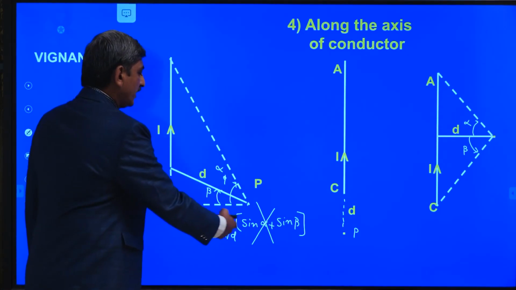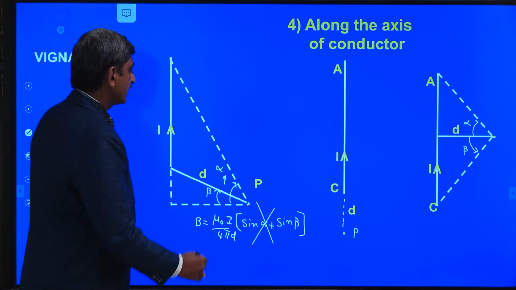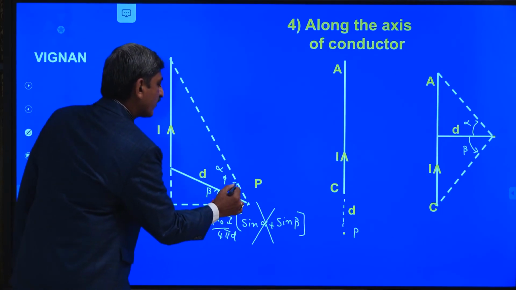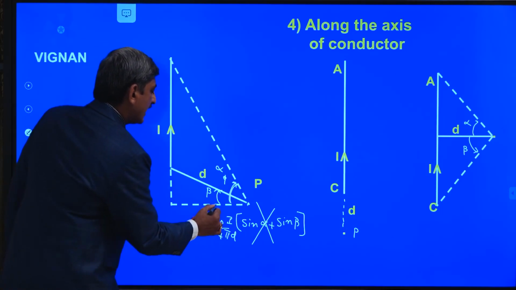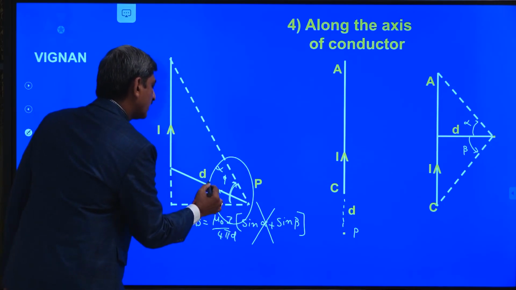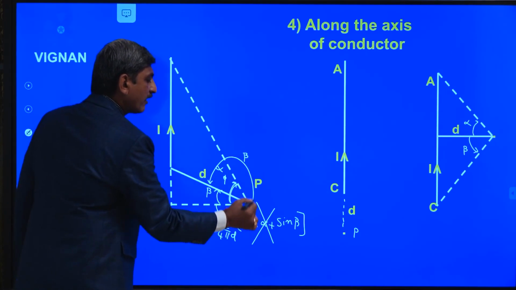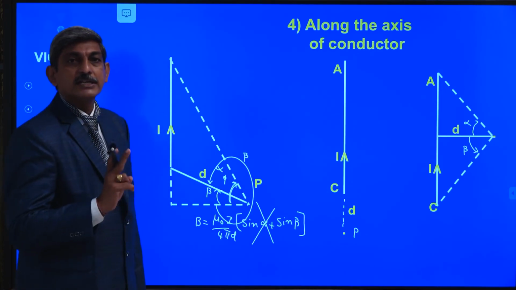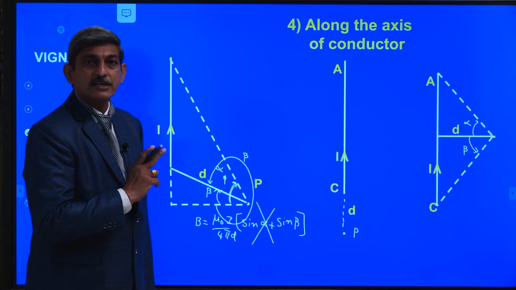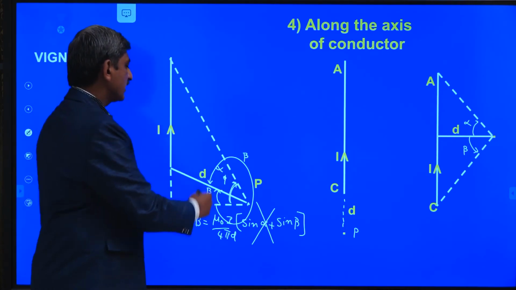That's why if we use this concept, you may get wrong results. In this case, we have to consider the alpha value in the clockwise direction and the beta value in the anti-clockwise direction, and by substituting these values in this equation, we can determine the strength of the magnetic field produced by the current carrying conductor in such cases.